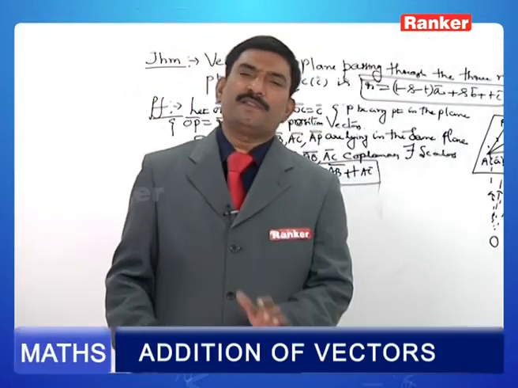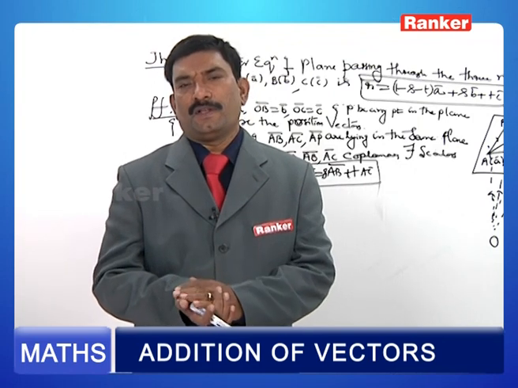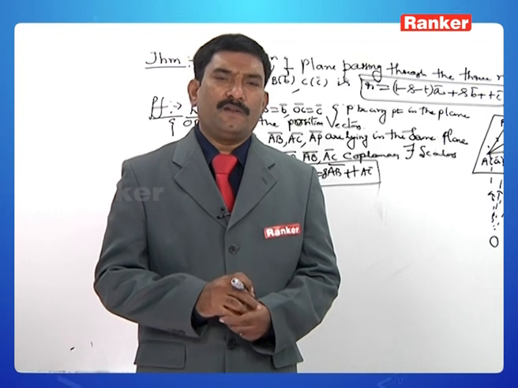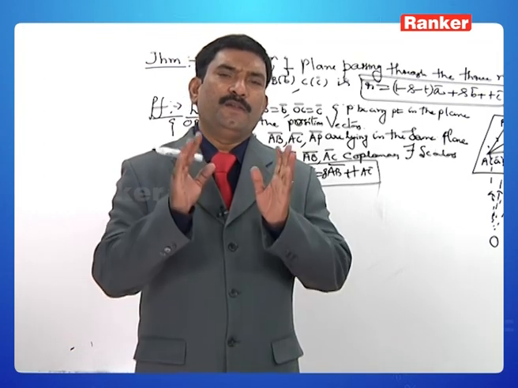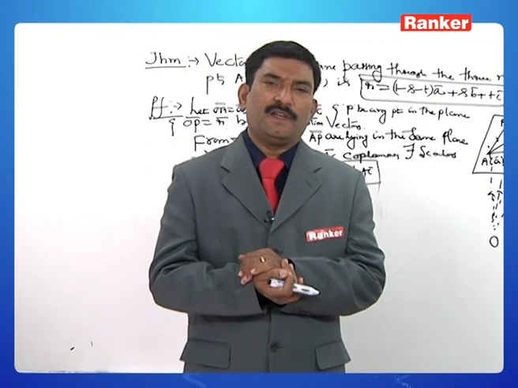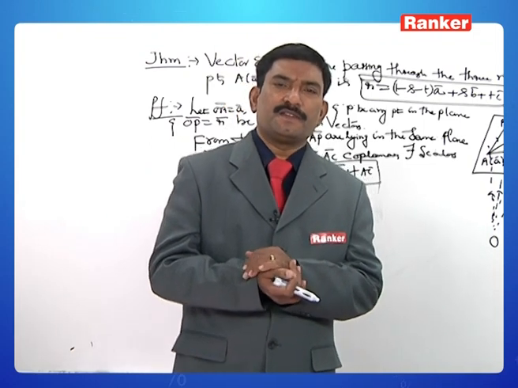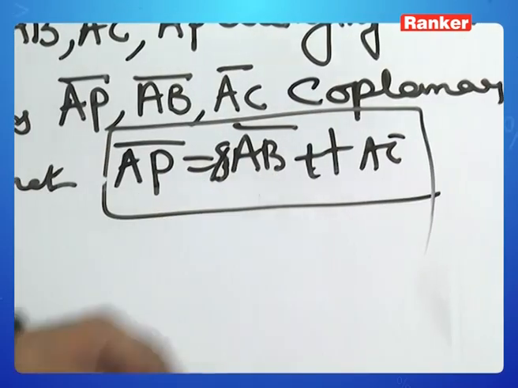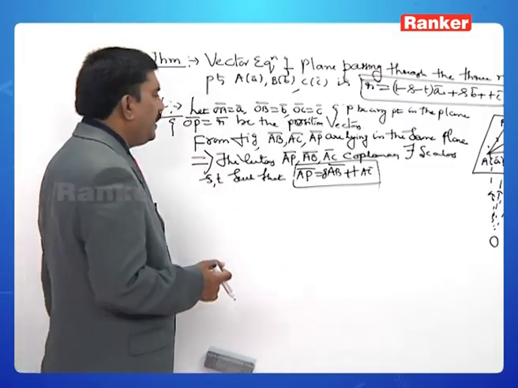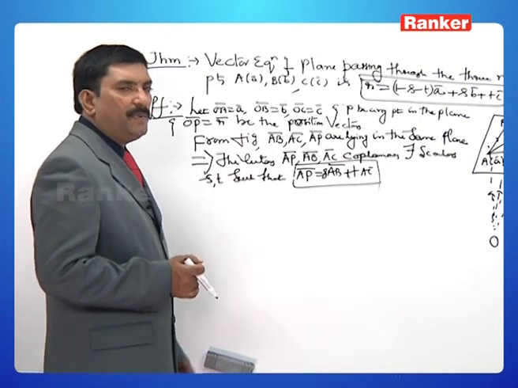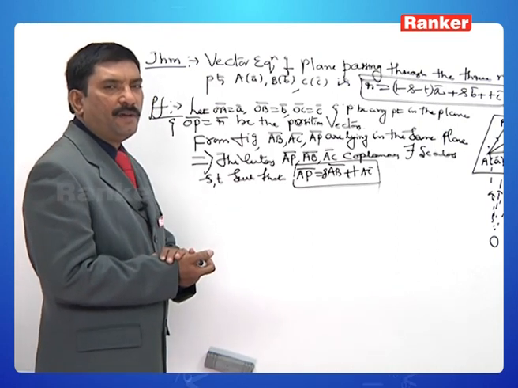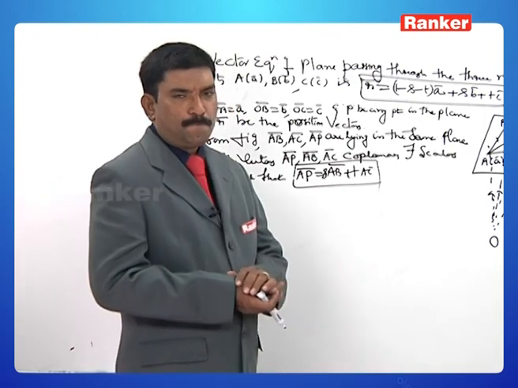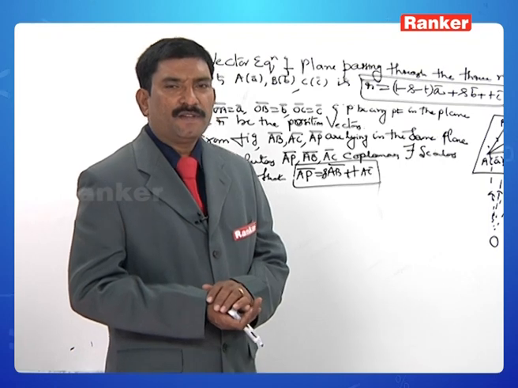When any 3 vectors are said to be coplanar, one vector can be expressed as a linear combination of the remaining vectors. So AP bar is equal to S into AB bar plus T into AC bar. But AP bar, AB bar, AC bar vectors are not given, but their position vectors are given.